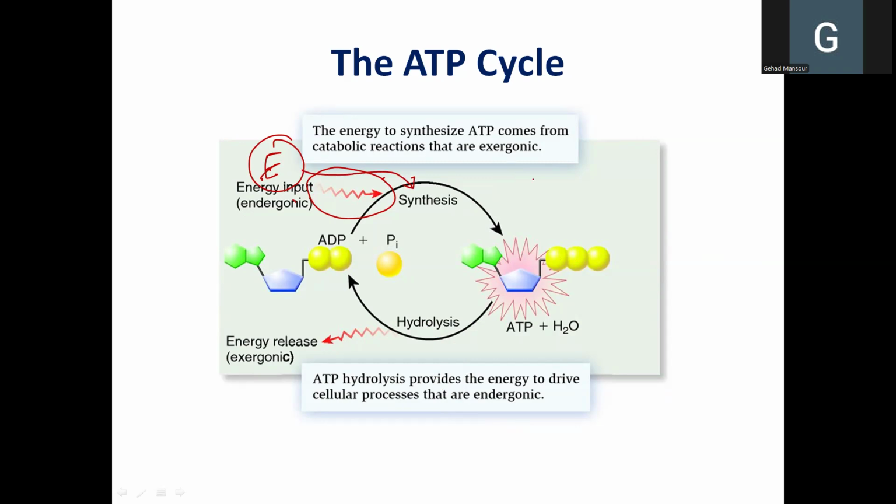Or in other words, more appropriately saying, we would say that this energy from exergonic reaction will be stored in ATP. Meanwhile, ATP hydrolysis will provide the energy to drive endergonic processes.